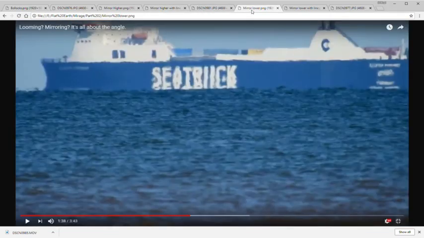Then Ranty's gone lower, and this time the mirror line is there, but he's called it a different type of mirroring. No, it's just still mirroring, it's still mirrored. It's just that the mirror line, which is the horizon as I have demonstrated, has gone up.